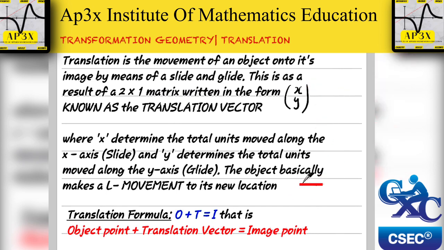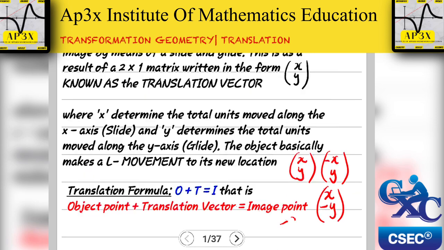As discussed earlier, it could be the standard x, y, or negative x, y, or x, negative y, or finally negative x, negative y.